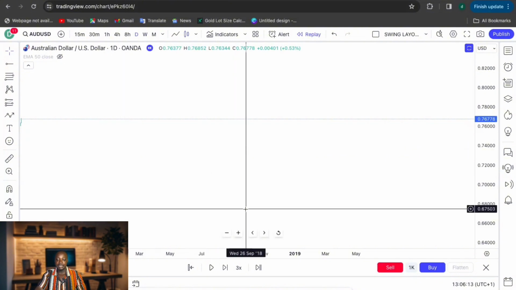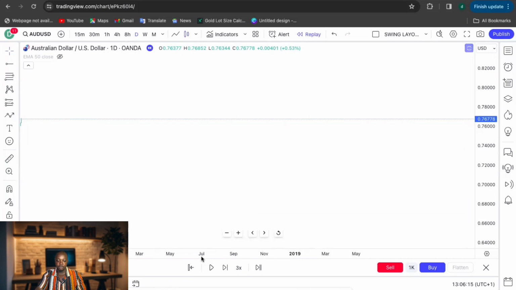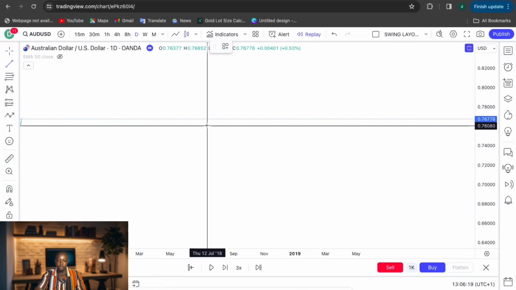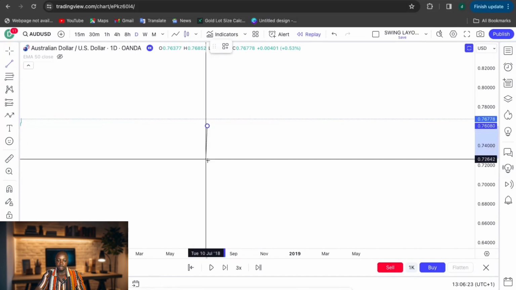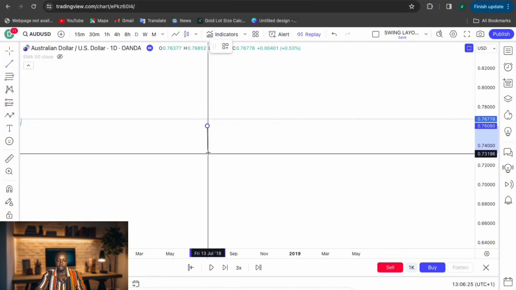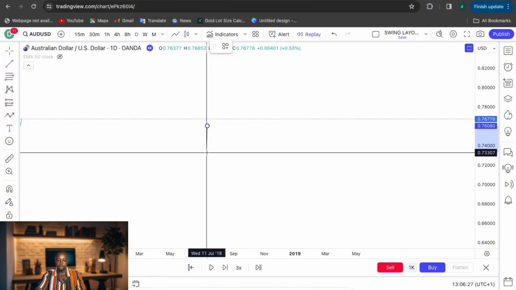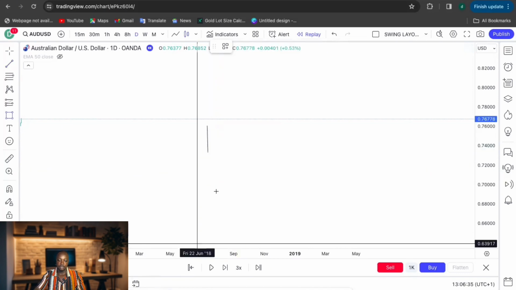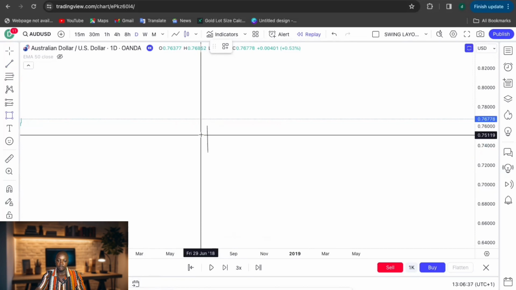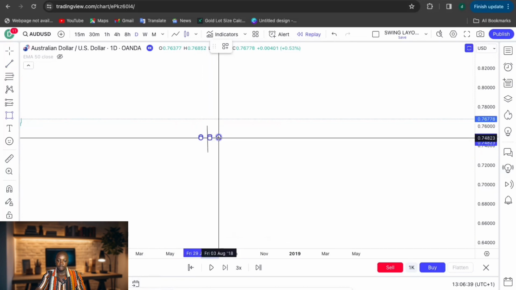Now, I said the doji and the marabuzu candle. This is an example of a doji candle. When you find a candle that has a wick like this to the up and the downside, and a body like this.